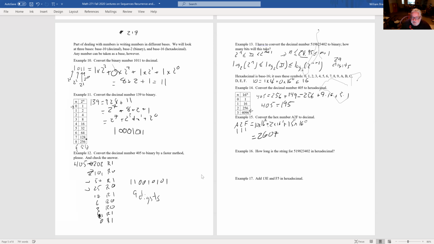How long is this string if you wrote it out in decimal? It's the same one we had up there. Well, you take the log base 16 of that number, and you get 7.23. So in hexadecimal, it would be 8 digits.